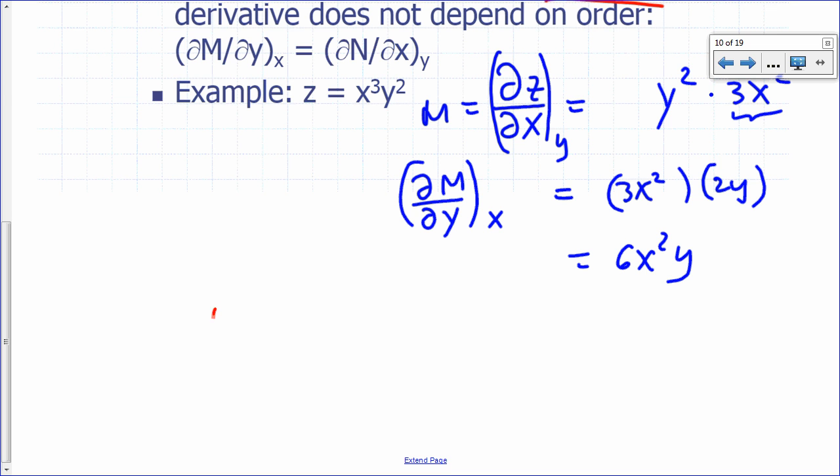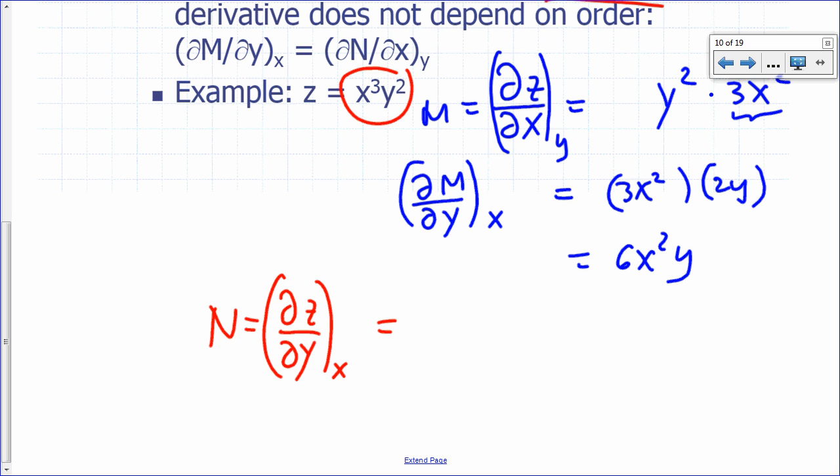Let's do it the other way. Let's say N is the partial derivative of z with respect to y at constant x. So what would that be? X cubed is taken as a constant. And what's the derivative of y squared? 2y. Now, what's the cross derivative going to be?